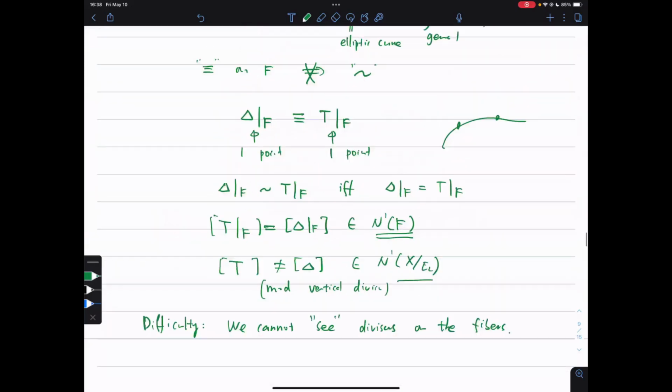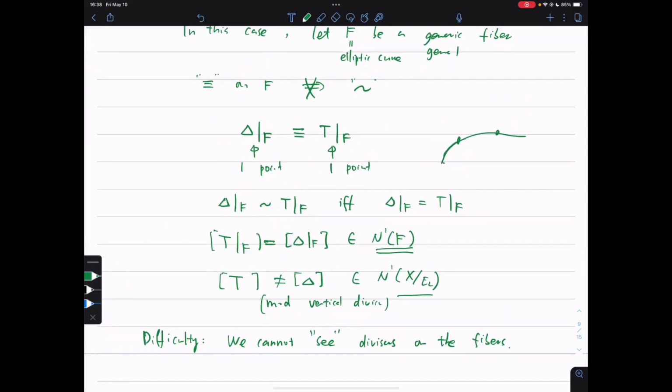Well, look at our case. We are in the elliptic curve, right? We have two divisors, or two points, and there is a group action on this elliptic curve. We can move one divisor to the other, and they are the same, right? So this is one point, this is another point.